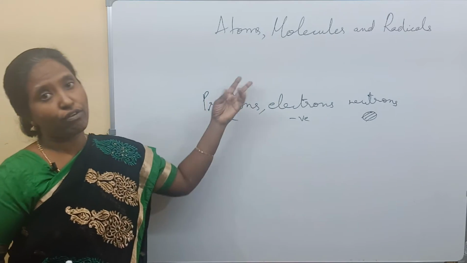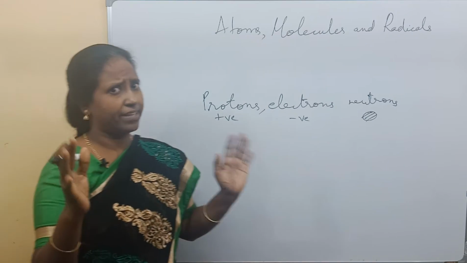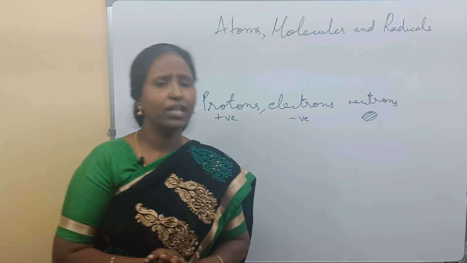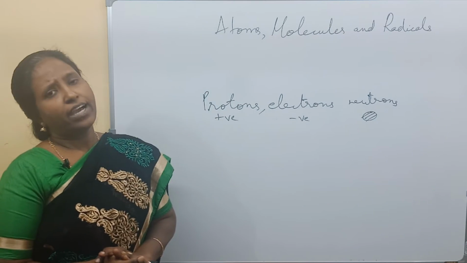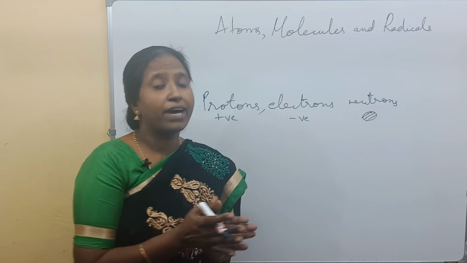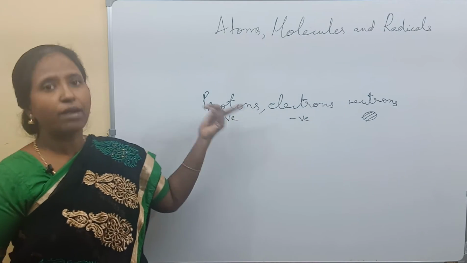Then atoms combine together to form molecules. Some atoms can stand single and be a molecule, for example the inert gases or noble gases. Some other atoms have to combine with another atom of the same element to make a molecule.